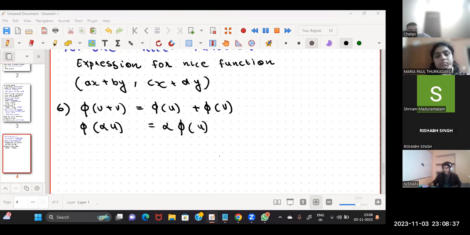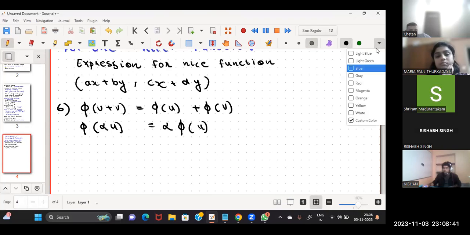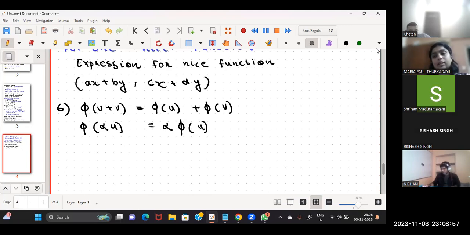This is not a linear transformation, Himanshu. These are axioms of a linear transformation. When you combine these two, you get a linear transformation, but this by itself is not one. A linear transformation will satisfy these conditions. Correct, he's right.